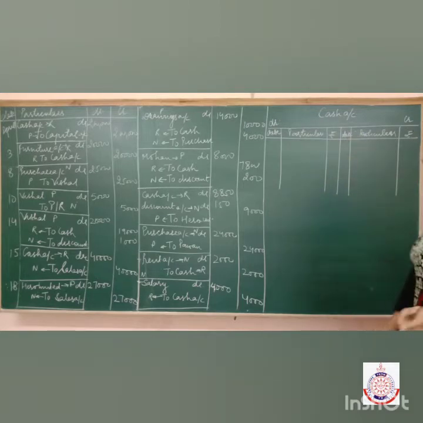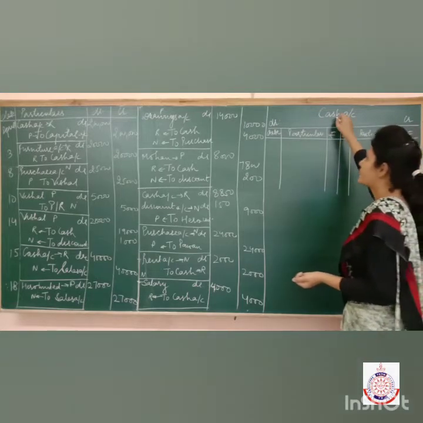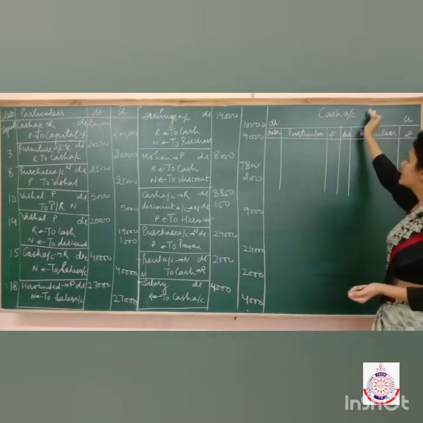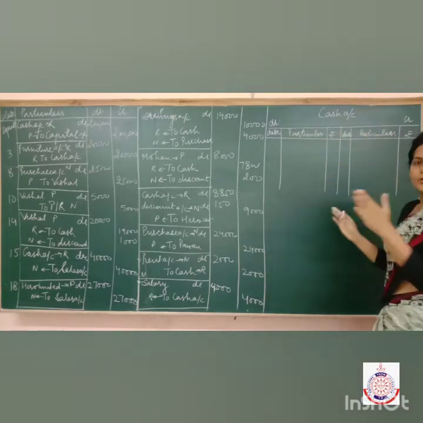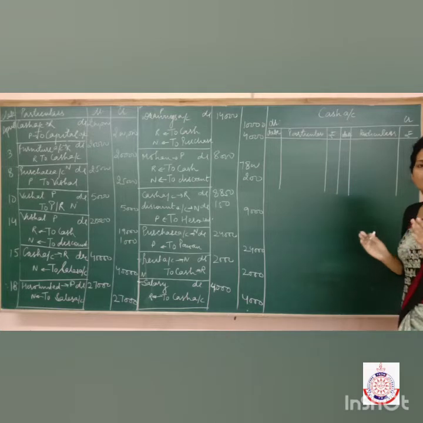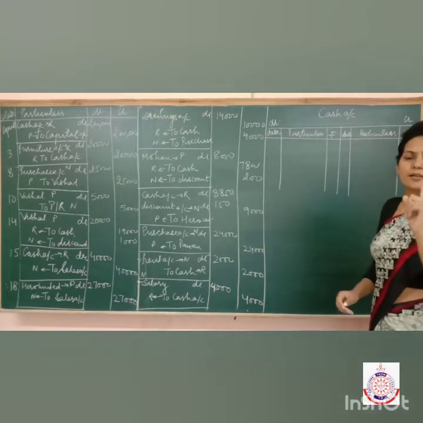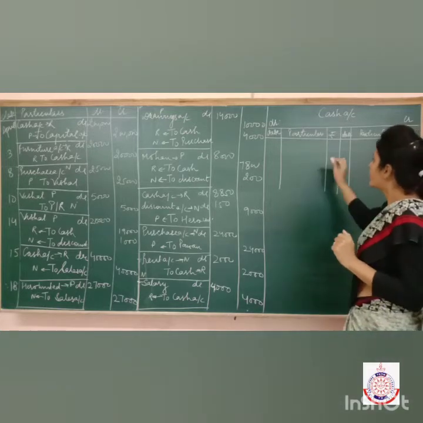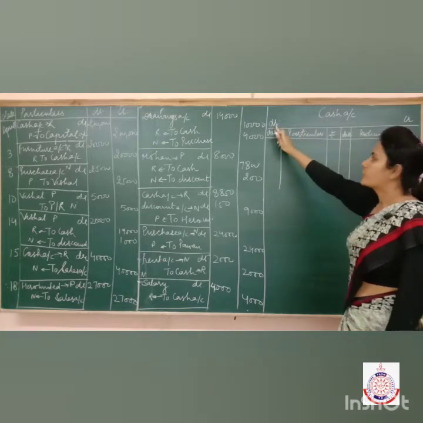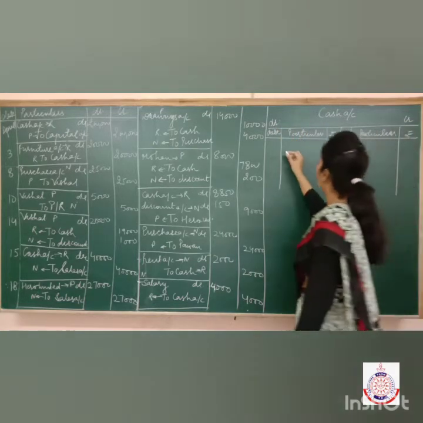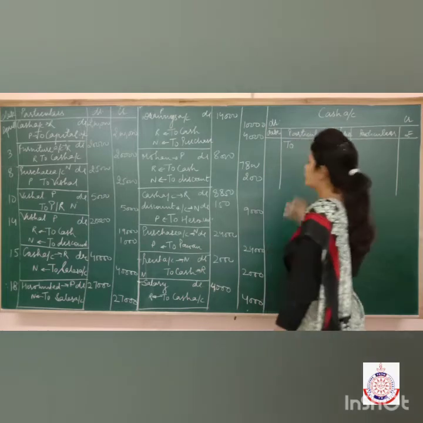Let us start. Now see, cash account. It means this account or this area is only and only for the transactions which are related to cash. Remember one thing, that whenever I want to record any transaction on the debit side, it will always start with the word to.